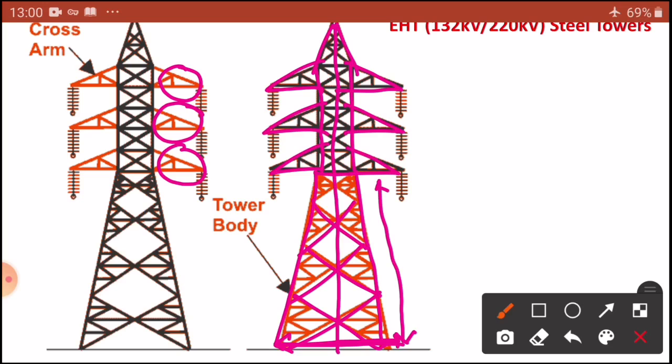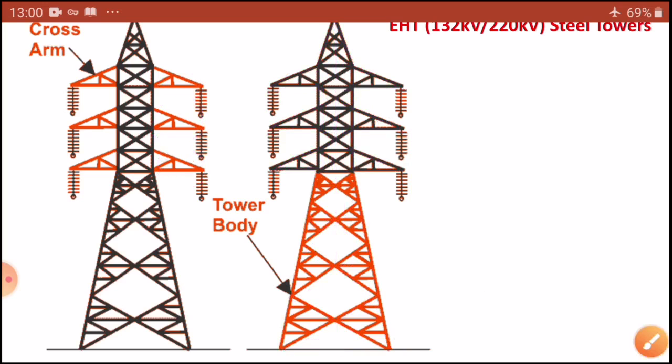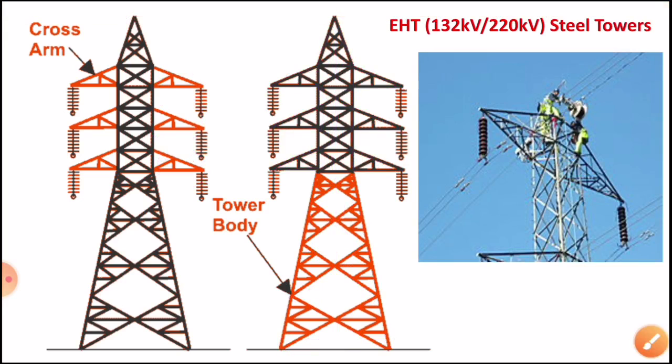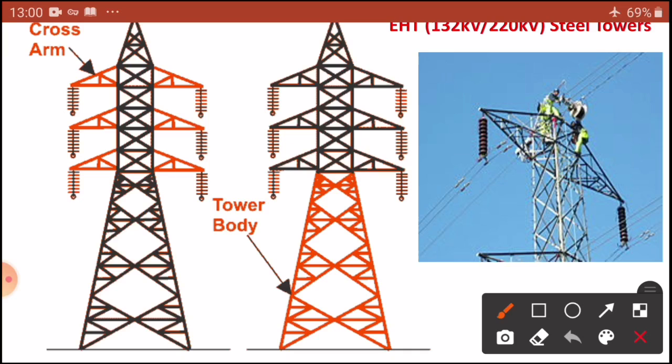Okay, so here you can see one practical tower structure. What is this? This steel structure is nothing but this one. This insulator is nothing but this one, the insulator strings. Whether you show the insulator strings or not, there is no need to show them, but the steel structure should be in the form of this one.